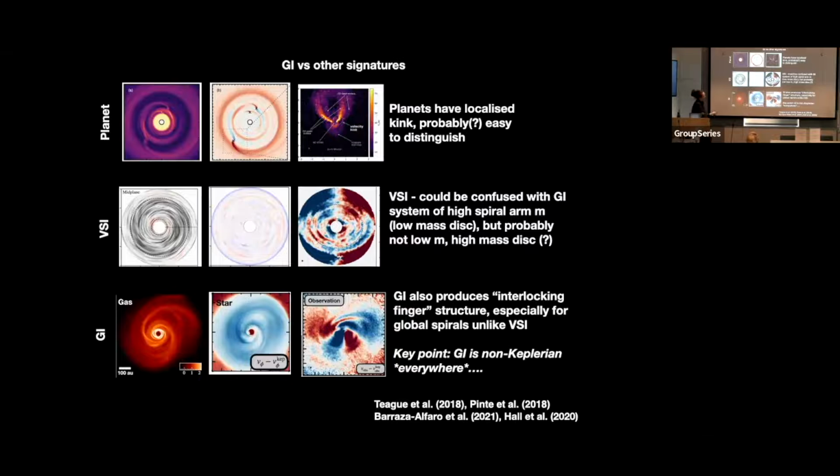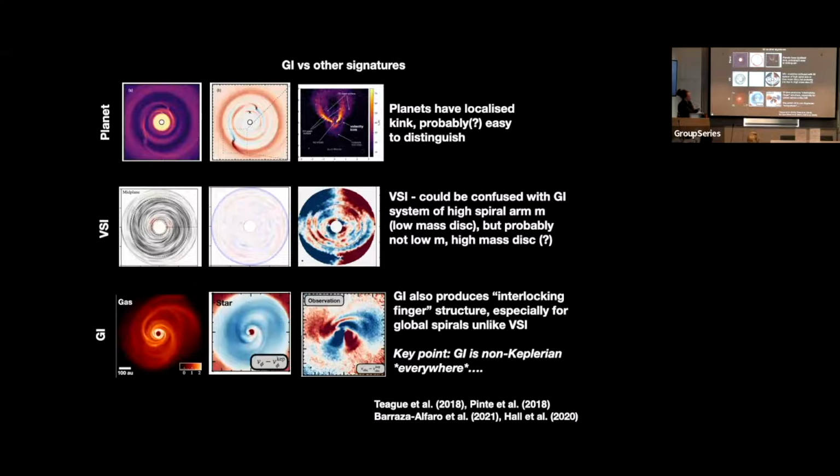The vertical shear instability could certainly be confused with gravitational instability, especially if it's a low mass system, because then it will have a higher number of spiral arms. Maybe not so much if the disk is very high mass, because it will have a lower number of spiral arms.